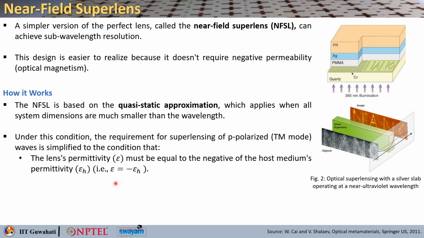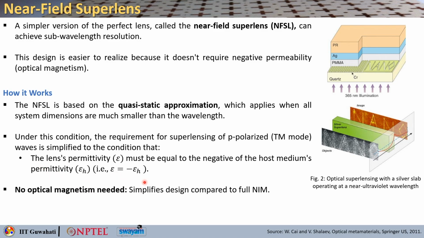Under this condition, the requirement for super lensing of p polarized, or TM mode, waves can be simplified to the condition that the lens's permittivity epsilon must be equal to the negative of the host medium's permittivity, epsilon h. So, you should have epsilon equals minus epsilon h. In that case no optical magnetism is required, so you can have a simplified version of the lens compared to a full negative index material.